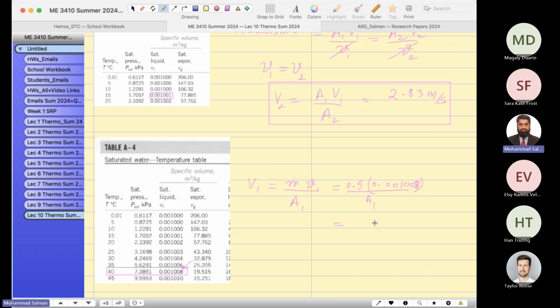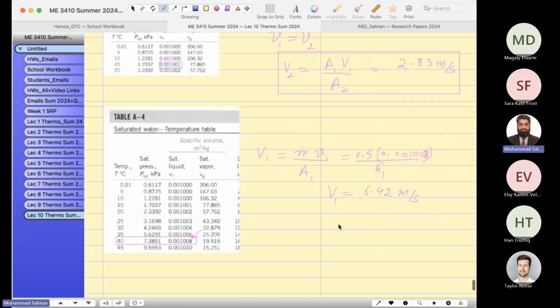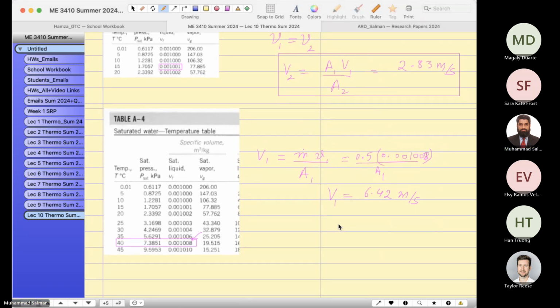When you calculate the velocity for this case, it is a little bit increased. Before that it was about 6.37. This becomes 6.42, which is about 1% increase.